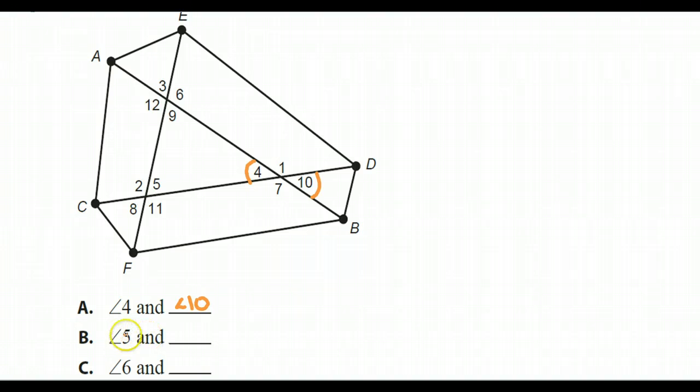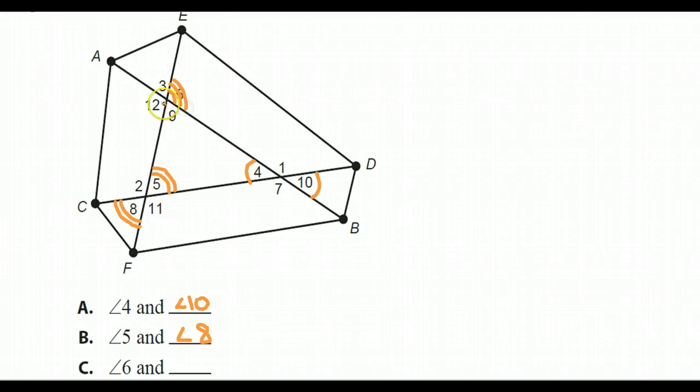Okay, part B, we're looking at angle 5. Here's angle 5. The angle that's right across from it, where those lines intersect, is angle 8. And that's the vertical angle pair, so angle 8. Okay, and then angle 6. Up here.